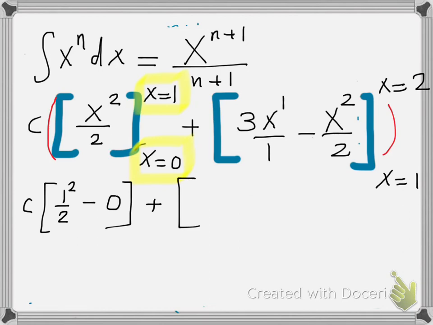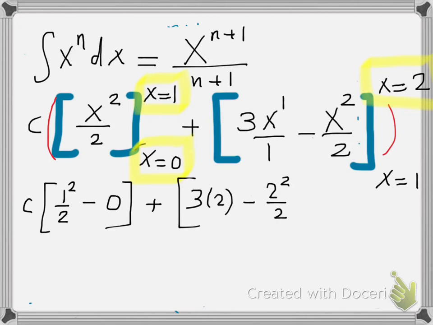Now if we finish with the first one, we'll do the second one. The answer we got for the integration is 3x. We don't need to write divide by 1, we just write 3x. First of all, we substitute x equal to 2 inside this. So 3 times 2 minus x squared over 2 means put your x as 2, so 2 squared over 2.